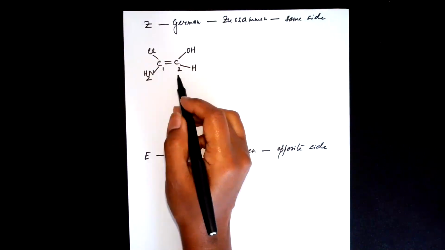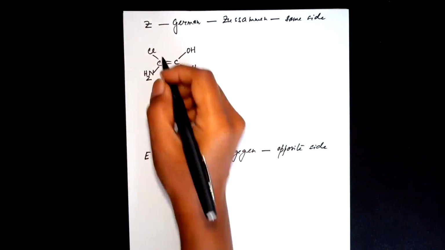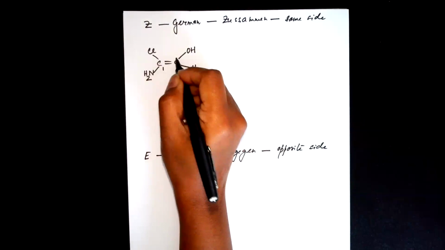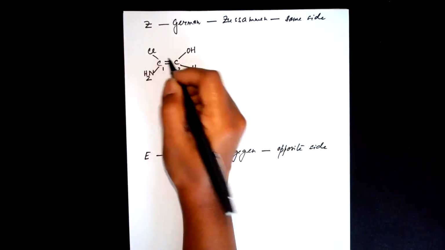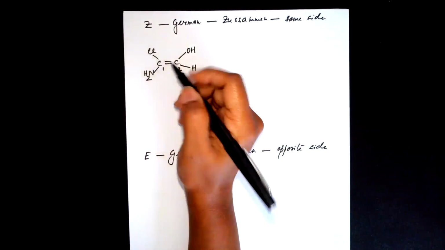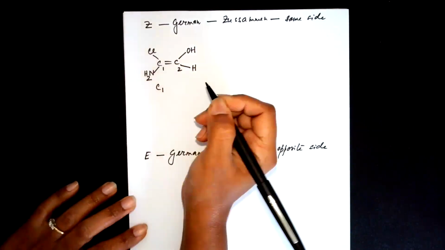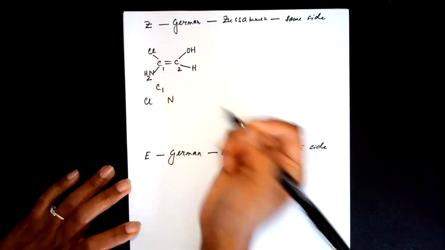I'm not necessarily numbering them in the correct IUPAC numbering system. So I want to call this my carbon 1, and this my carbon 2. I would stop at carbon 1 and see what's attached to it. Carbon 1 has an attachment to a chlorine and a nitrogen.